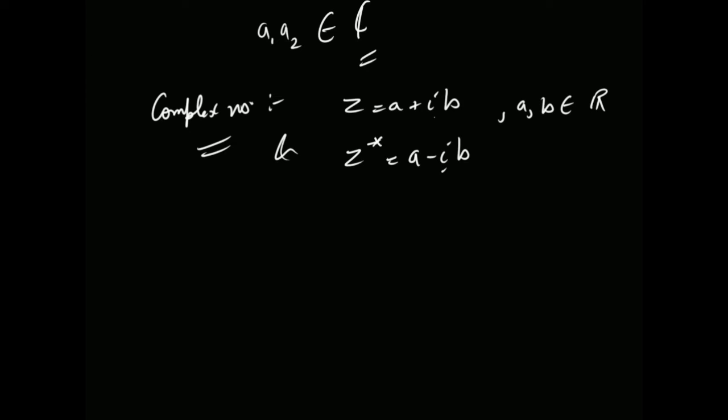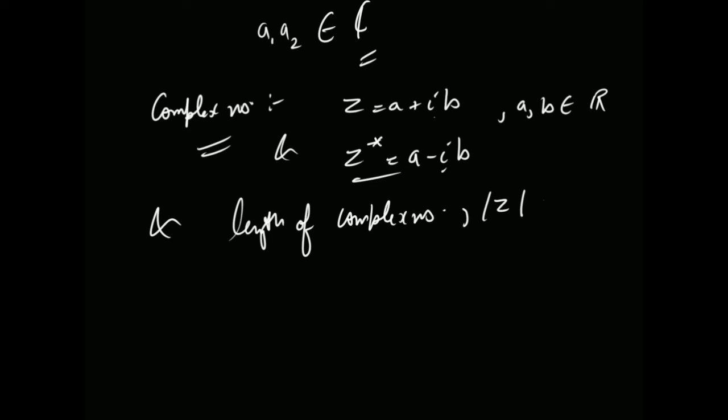Now this is important as it gives the length of the complex number, represented by modulus of z, equal to the square root of a squared plus b squared, and you can see that both are real, so this is a real quantity. If you multiply z by its conjugate, you easily get a squared plus b squared. So the length of the complex number is a real quantity.